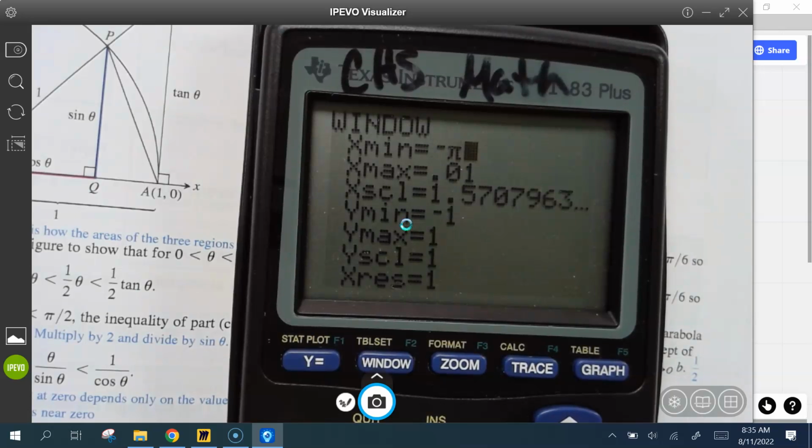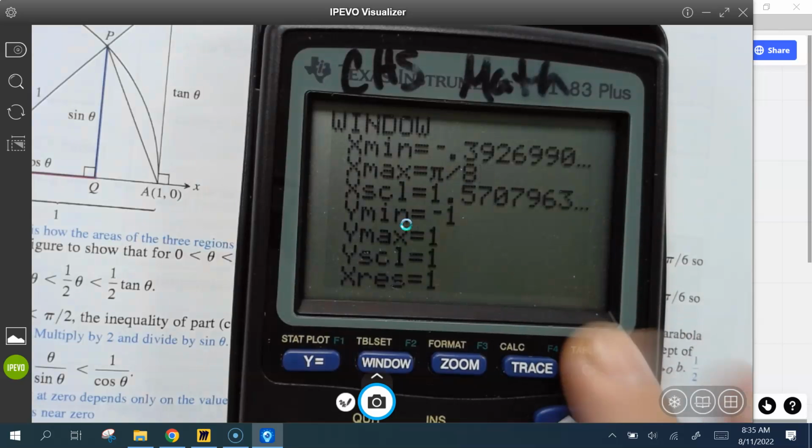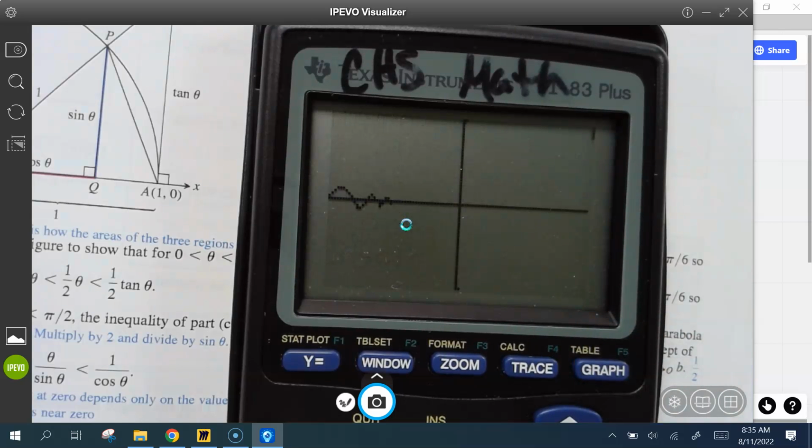Negative, let's go pi over 8. It is super small. The calculator can't handle it. But see what the oscillations are trying to do? It's cool. I don't care what y'all say, it's cool.